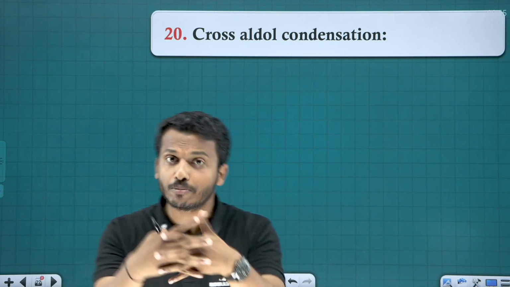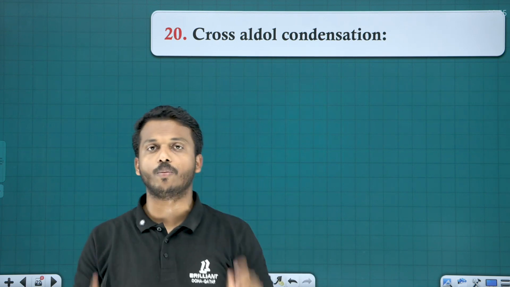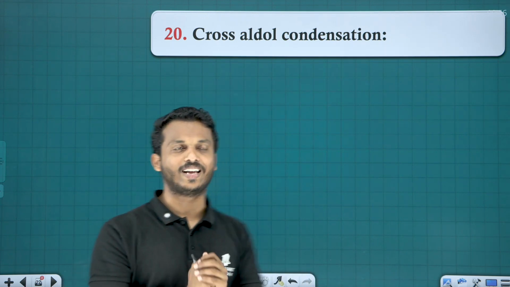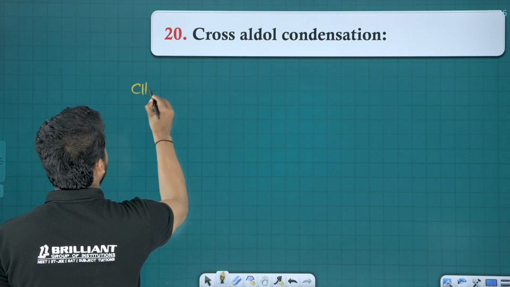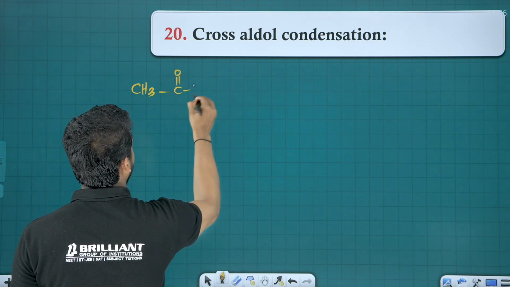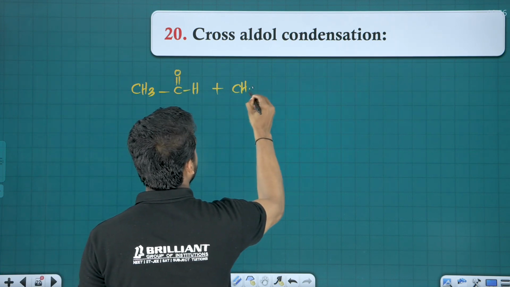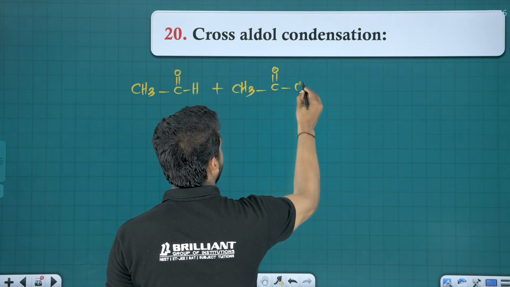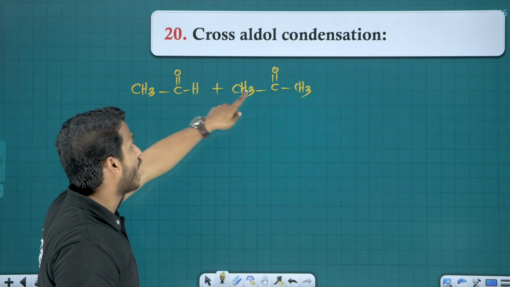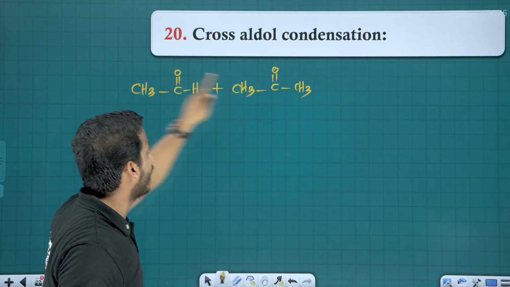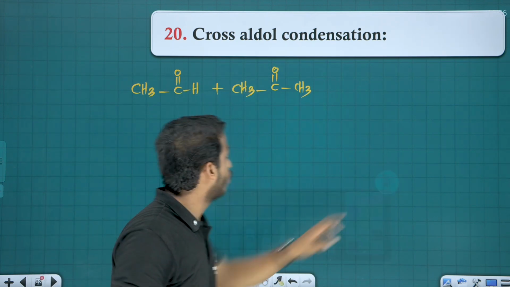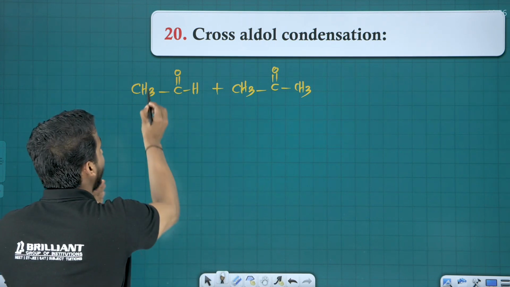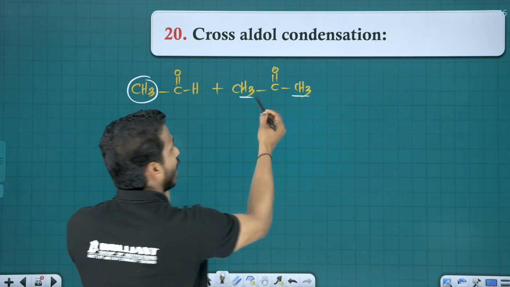Aldol means two same species are reacting, cross aldol means two different species are reacting. For example, let me take CH3CHO plus CH3COCH3. Here I am taking ethanal and propanone. If you take two different compounds and they contain alpha hydrogen, these all are alpha hydrogens, right?